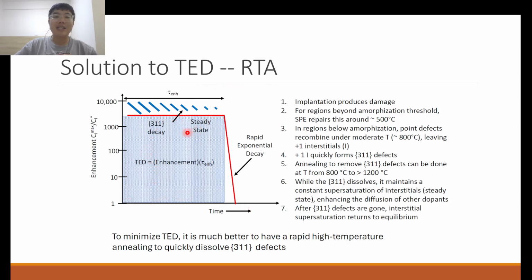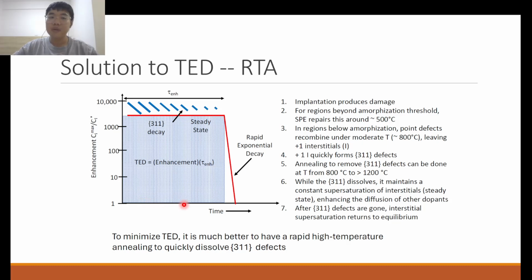So what RTA does is it shrinks this rectangle to a shorter period of time. If in a short period of time we consume all the 311 defects by the use of a higher temperature applied over a short duration, this enhanced diffusion only occurs for a short period of time before diffusion goes back to its normal rate, let's say 1.